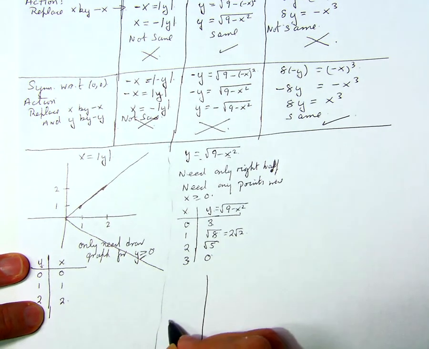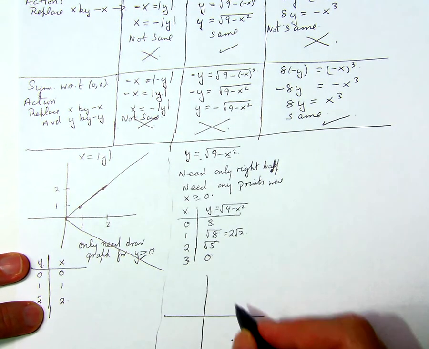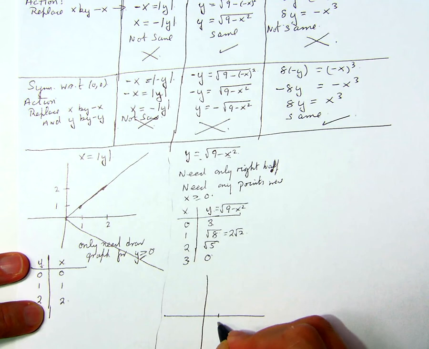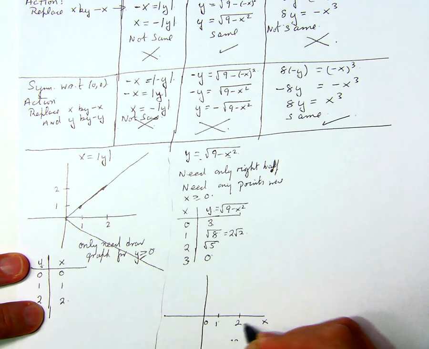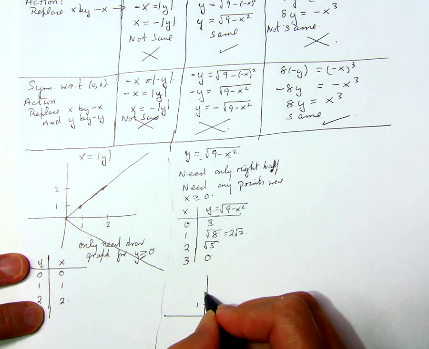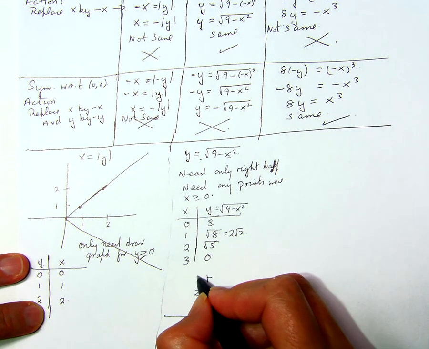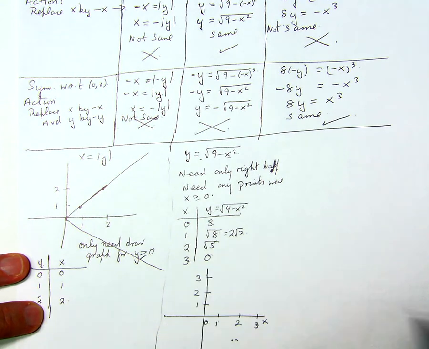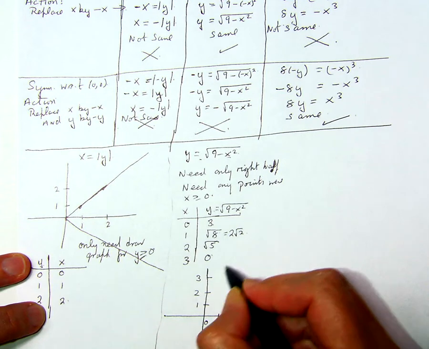So I can graph these points. I'm talking about x equal to 0, 1, 2, and 3. And I see that my range of y values is running between 0 and 3 here. I have the point (3, 0) on the graph.